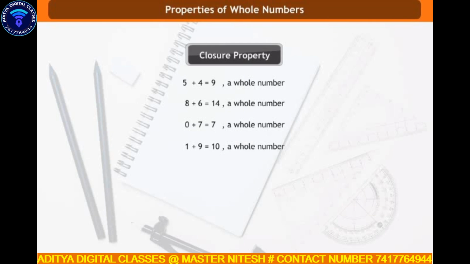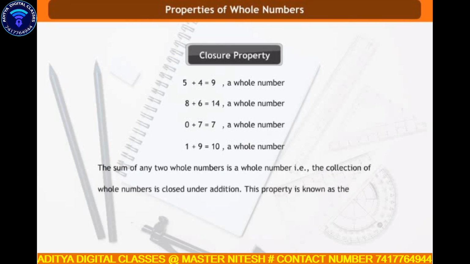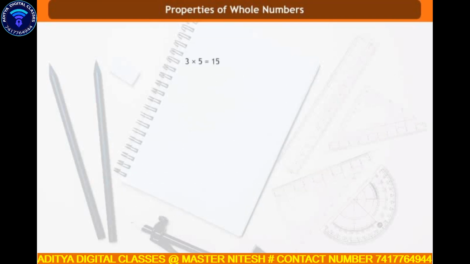Yes, the sum of these numbers is also a whole number. Hence we say that the sum of any two whole numbers is a whole number. Or we say that the collection of whole numbers is closed under addition. This property is known as the closure property for addition of whole numbers.